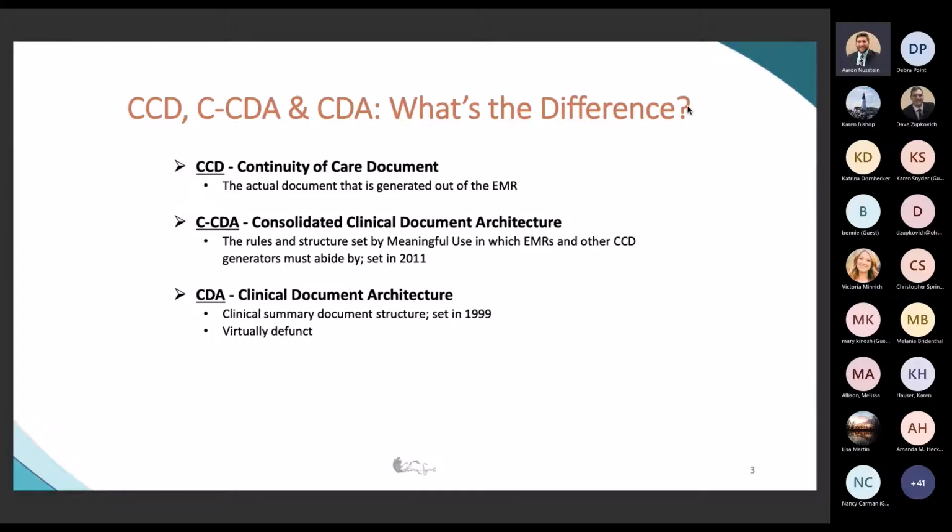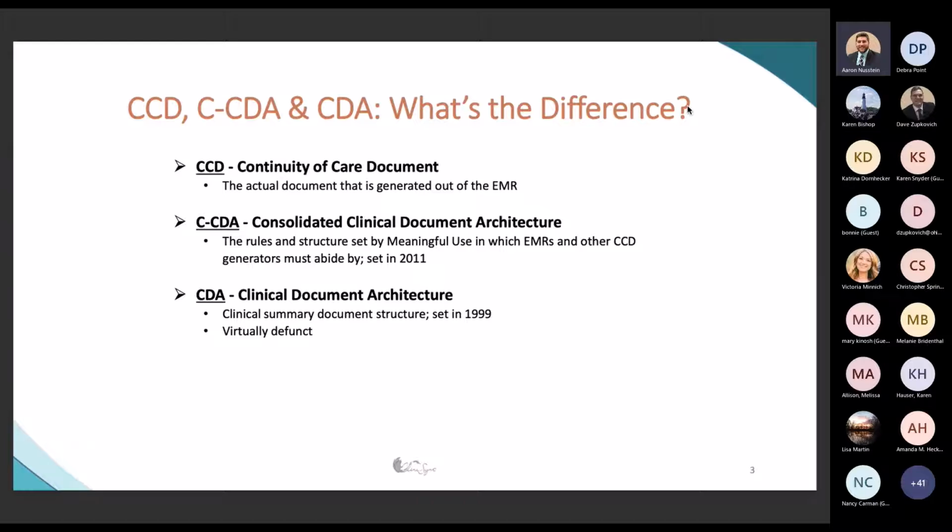I think over time, there's been several different structures and methodologies that have been presented, but right now CCDA is the main structure. And then there's CDA, which is sort of the original document structure out there for clinical summaries, set out in 1999.